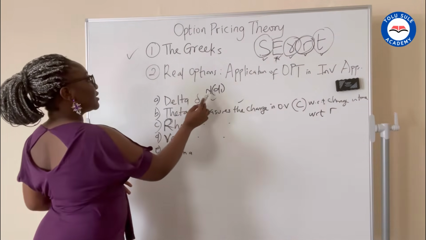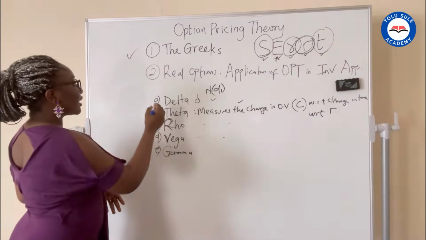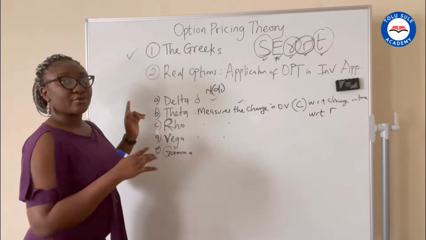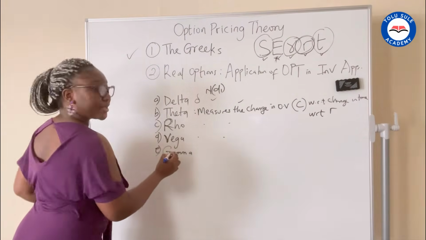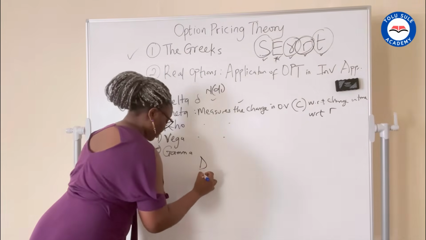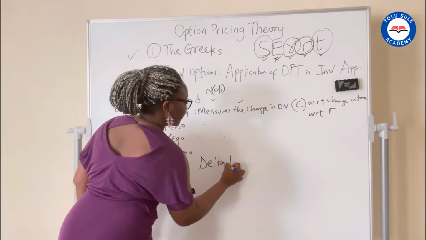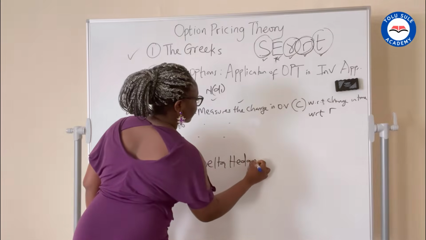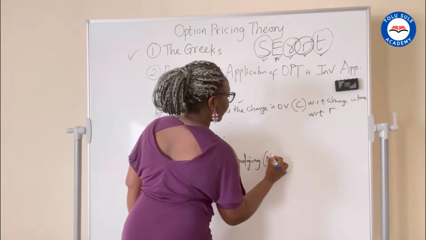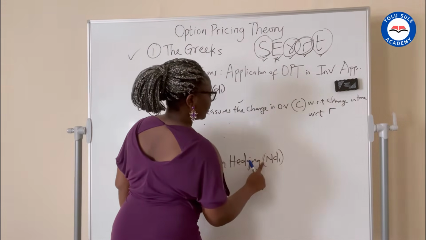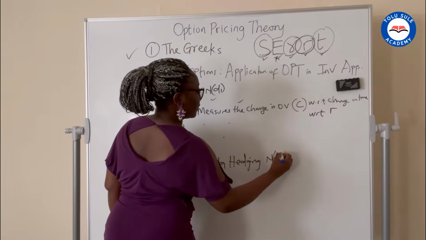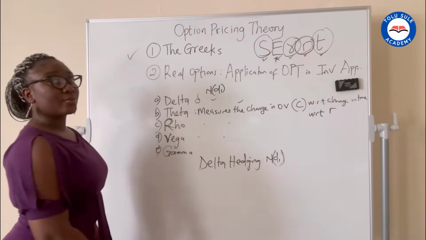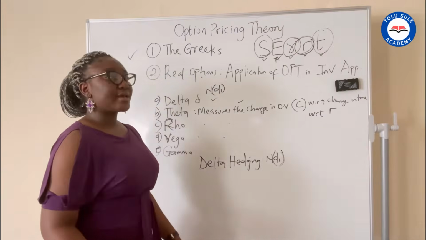So like I said, this ND1 is what we're going to focus on, and so that leads to a subtopic under the Greeks called delta hedging. ND1. Just clean this off because the bracket is better there. ND1. So delta hedging, what does delta hedging mean?